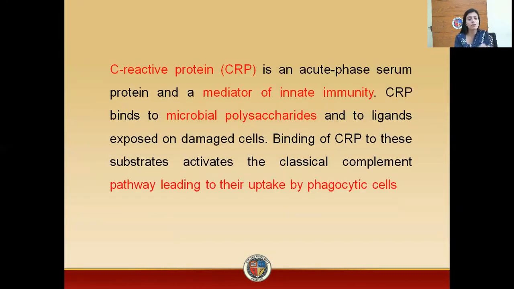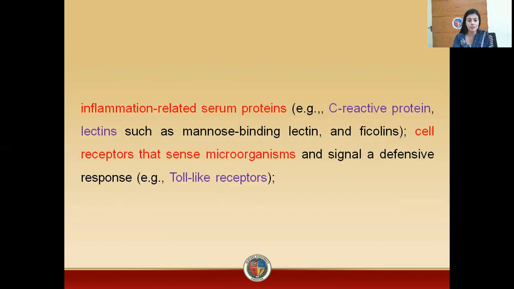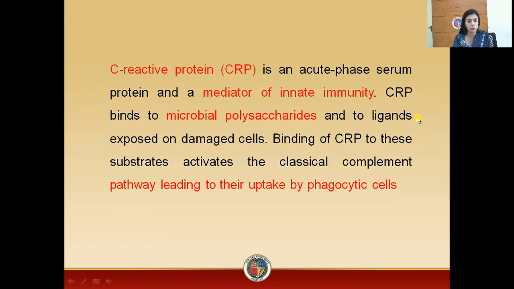In this inflammatory response, the most important is C-reactive protein. C-reactive protein will protect you and is released from the liver as a result of inflammation. This is a mediator of innate immunity.